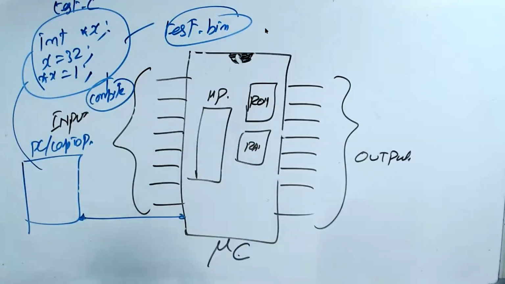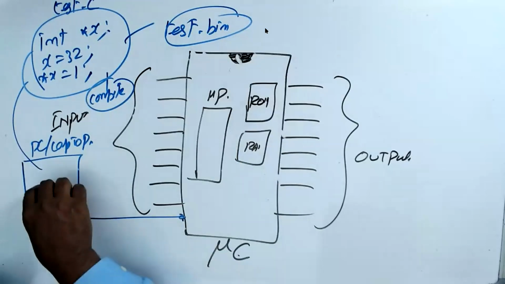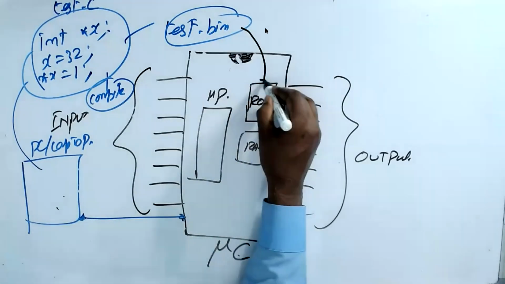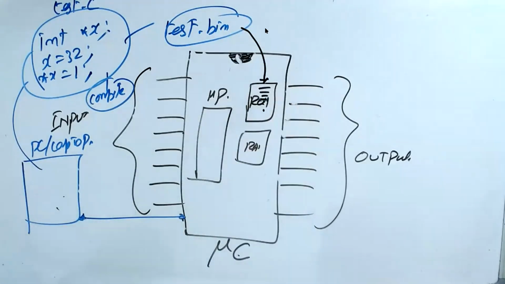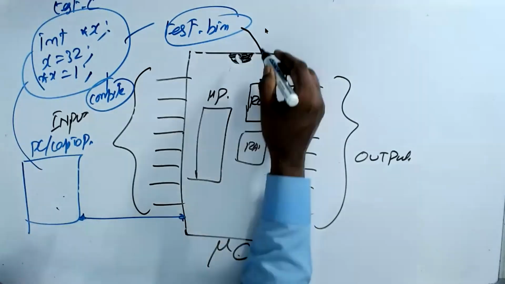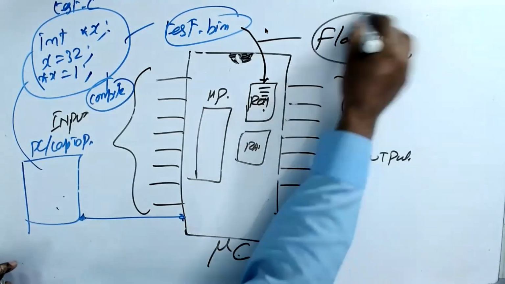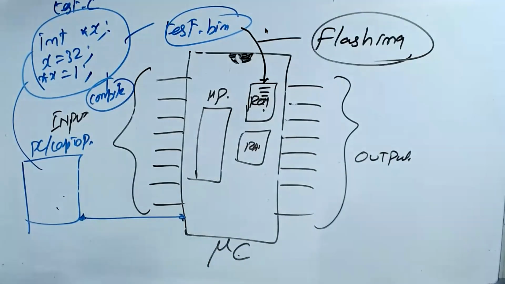Then through this connection, there's software available called a downloader. With that, you can put that into the ROM. That process is called flashing. I'll explain next week exactly how it gets flashed into the ROM.